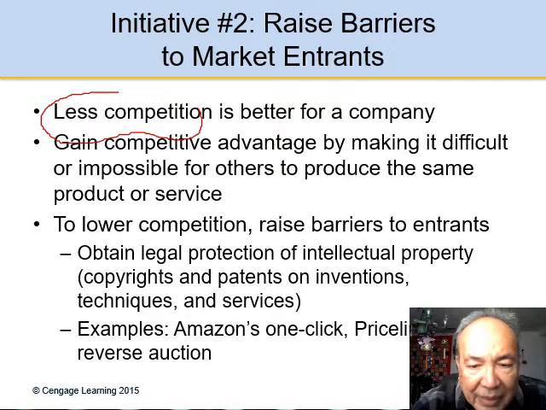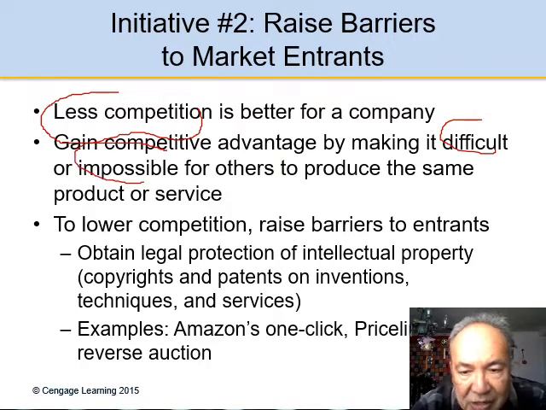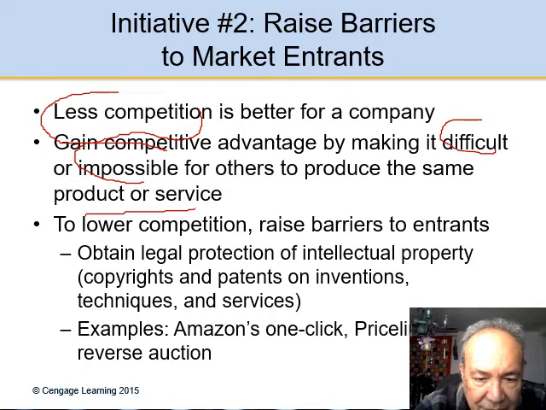Gain competitive advantage by making it difficult or impossible for others to produce the same product or service. Lower competition, raise barriers to entrance, obtain legal protection of intellectual property.